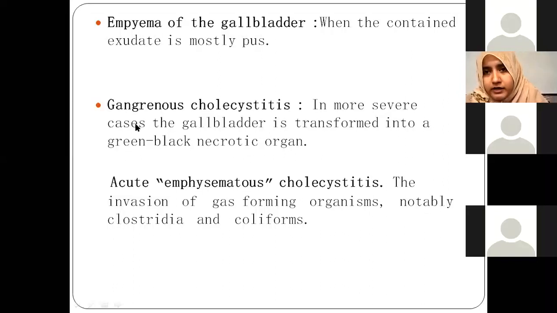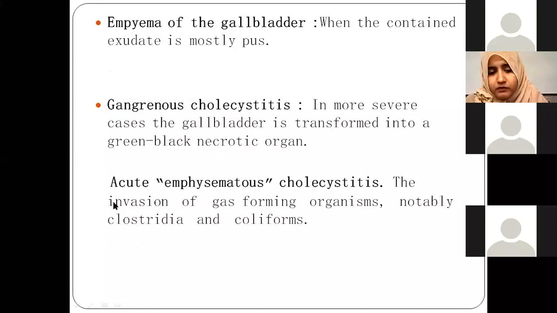So think about it by yourself: if they are saying gangrenous cholecystitis, this means it has happened from the first step of inflammation that must have caused edema, intense edema, and after intense edema, it must have caused some ischemia because of obstruction in the vessels. And when those vessels are obstructed and there is impaired blood supply, that will lead to gangrenous cholecystitis.